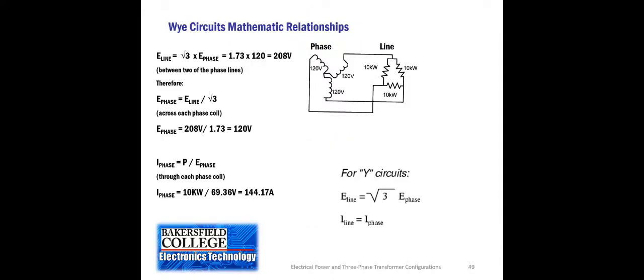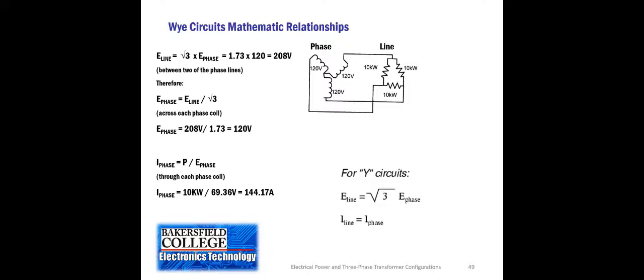In a Y, these are the mathematical relationships, and there are some examples of calculations with actual values that are used. And so the difference, as you remember, between delta and Y: the voltage in one has the square root of 3 involved, the voltage in the other is the same. The current in one is the same, the current in the other one has the square root of 3 involved in it.